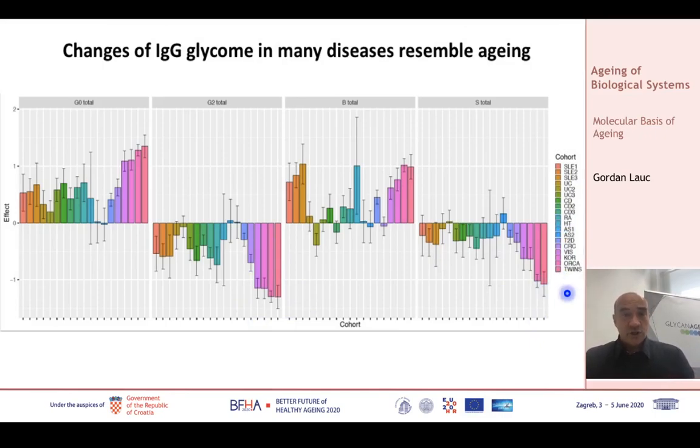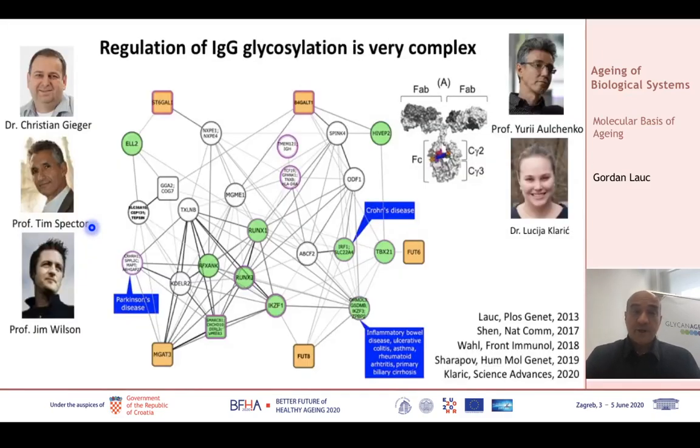So this change is not a specific biomarker of a given disease, but an indication of an underlying molecular process which we believe is low-grade chronic inflammation, which is actually contributing to the development of these diseases. In many of these diseases, we see that changes in glycans come years before any other symptom of the disease.